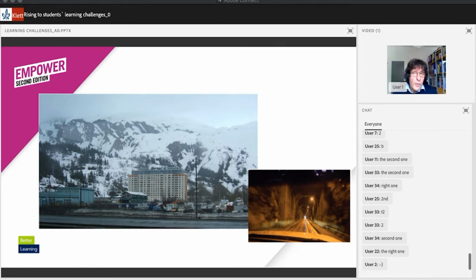Here's another example. This is from a unit about towns. This is a small town in Alaska. You might look at this and think, well, what do you think from the pictures is unusual about this town? And the answer is that more or less the whole town is inside this one building.